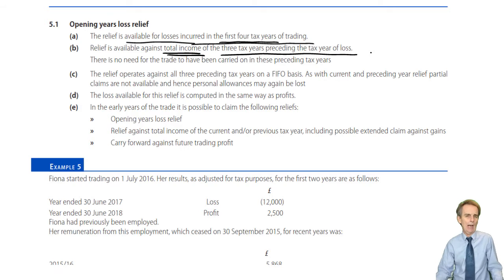We can see the logic here of HMRC. They're going to give you the tax relief for your business at some point, if not now, then in the future. Well, here, by extending that loss relief available in these opening years, maybe that gives the business, which after all is a loss-making business to begin with, a better chance of survival.